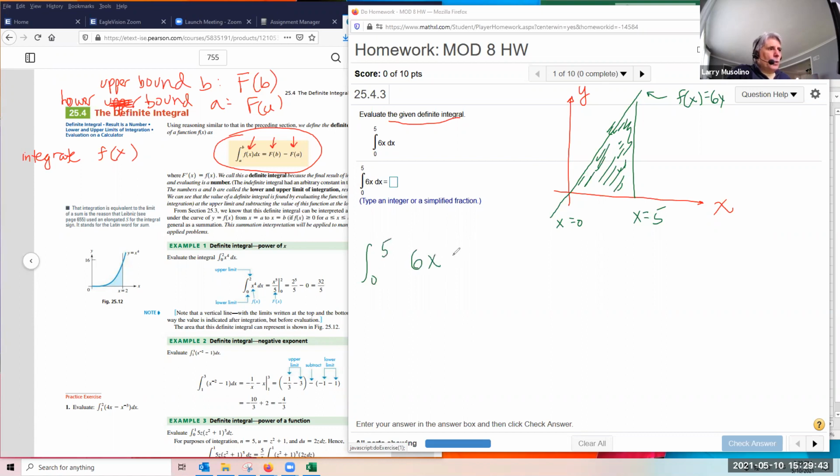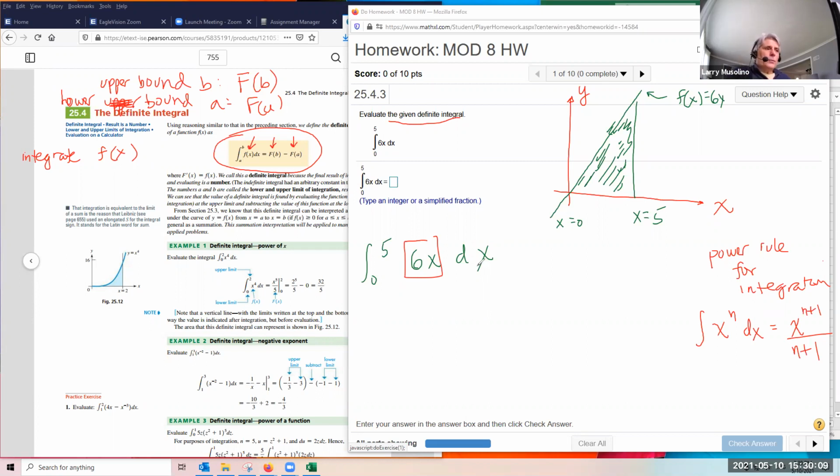All right, so what you want to do to get started is take the integral of this 6x. And remember, for this, we need the power rule for integration. The power rule for integration says if you're taking the integral of x to an exponent, the way you do that is you add 1 to the exponent and divide by that same expression, n plus 1.